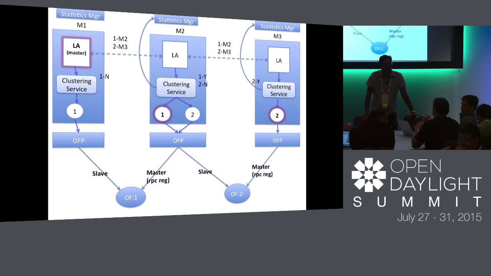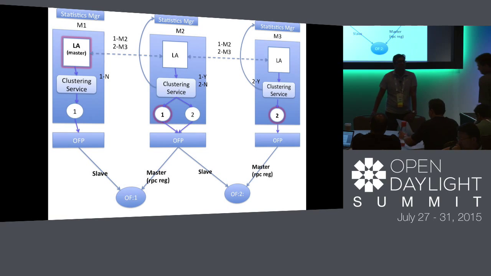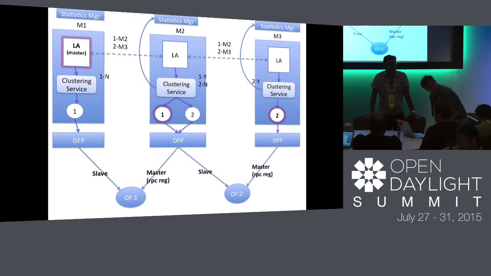This is going beyond the cluster. Did you also look at the possibility of choosing, instead of a master-slave model, probably an equal kind of model? I think that is closer to OVSDB, where the server is actually in the virtual switch itself.